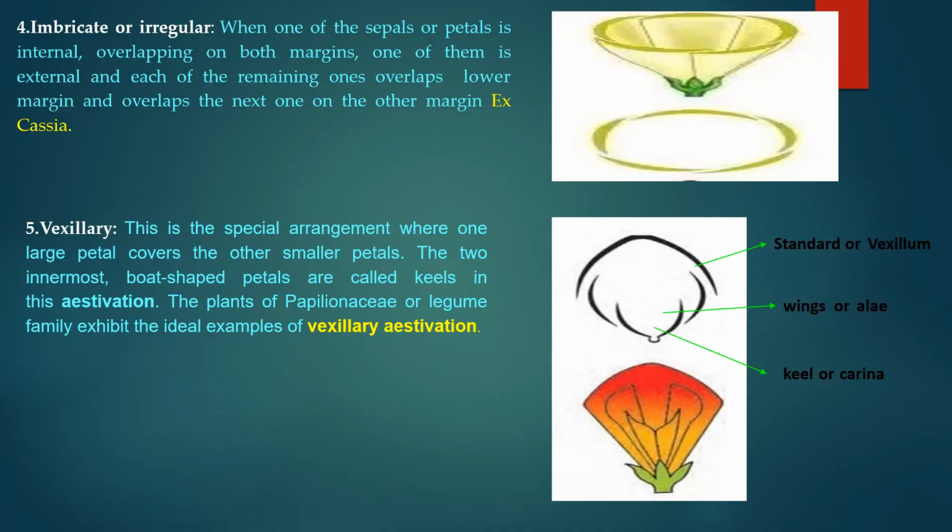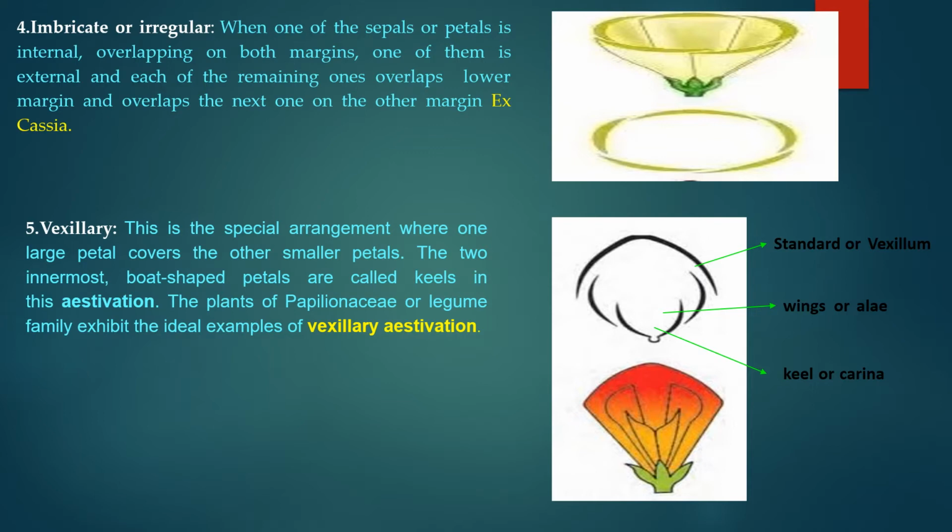Coming to the next one, imbricate or irregular. When one of the sepals or petals is internal, overlapped on both margins, one of them is external, and each of the remaining ones overlaps on one margin and is overlapped by the next one on the other margin. Example in case of Cassia auriculata.